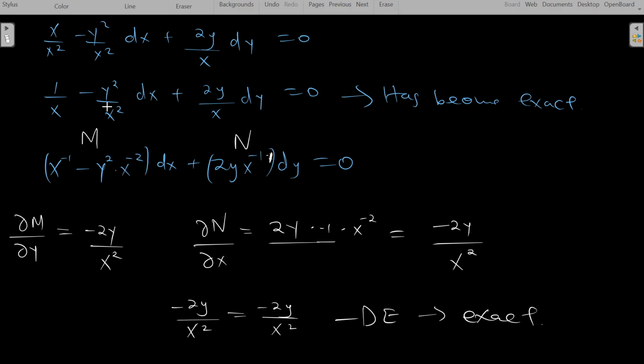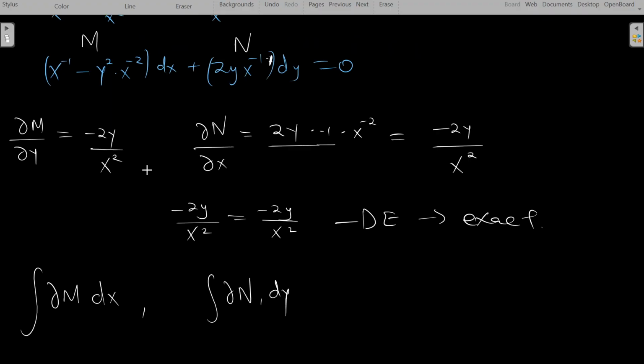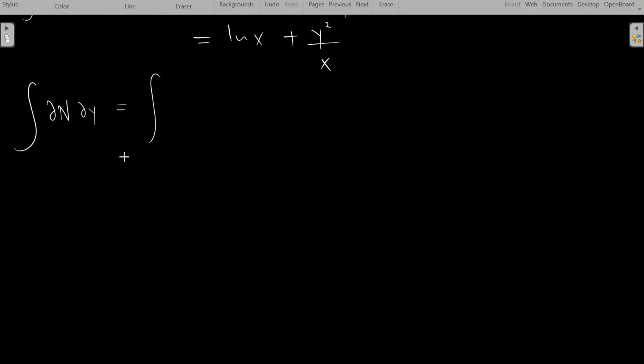What's our new n? Our new n is simply 2y upon x, so our new n is 2y times x to the negative 1, with dy. Integrating this, we keep the x term a constant.